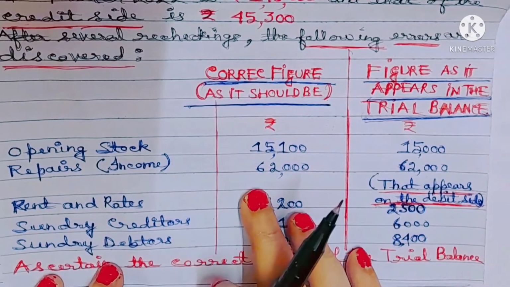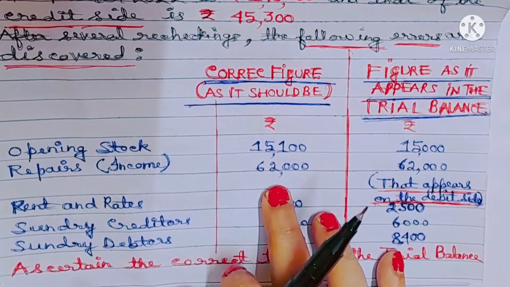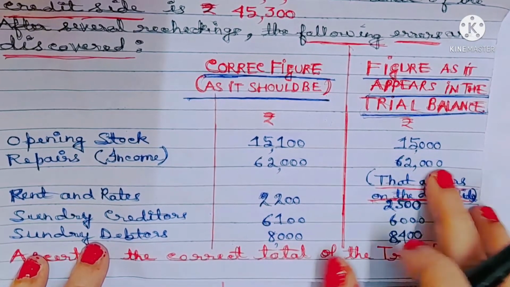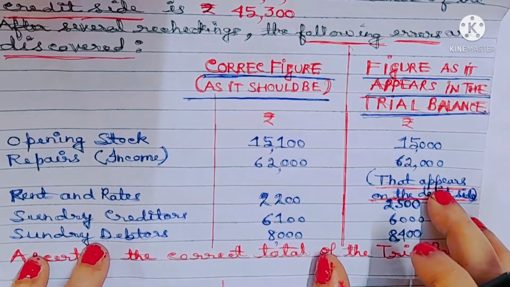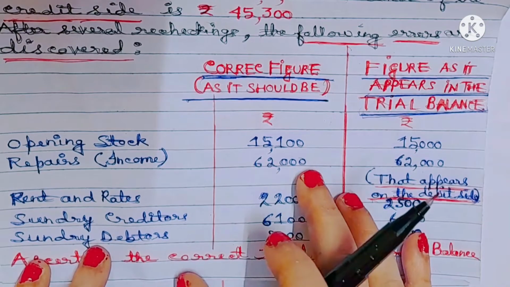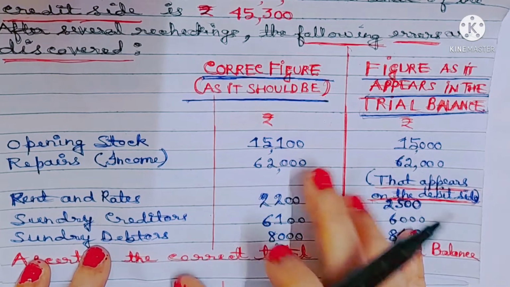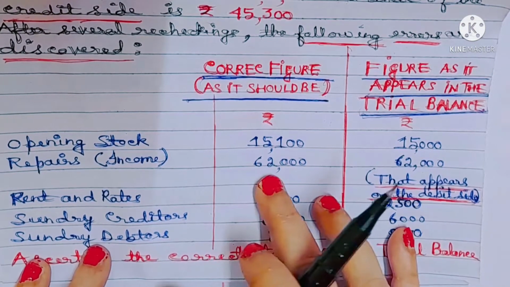So repairs is an income that should have been in the credit column, 62,000. They have posted the same amount, 62,000, but they have posted 62,000 in the debit column. So what is our job? Our job is to first cancel the amount in the debit column, then again write in the credit column the same amount. Okay? So let's do it.